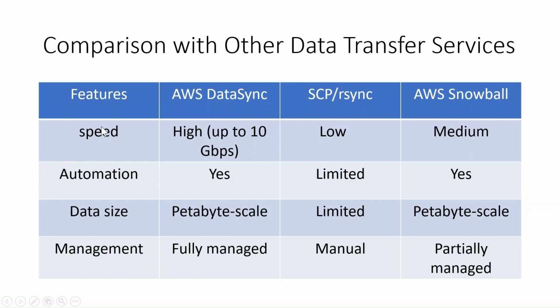AWS DataSync can automate the process of transferring data. But SCP or rsync has limited automation features to transfer data. And AWS Snowball contains automation features to transfer data. AWS DataSync transfers data at the size of petabytes. But SCP or rsync transfers data at limited size.